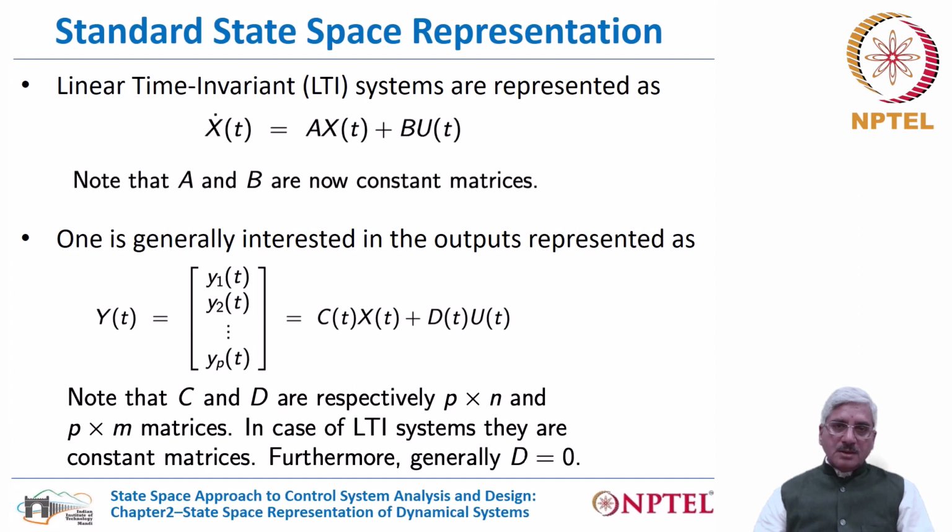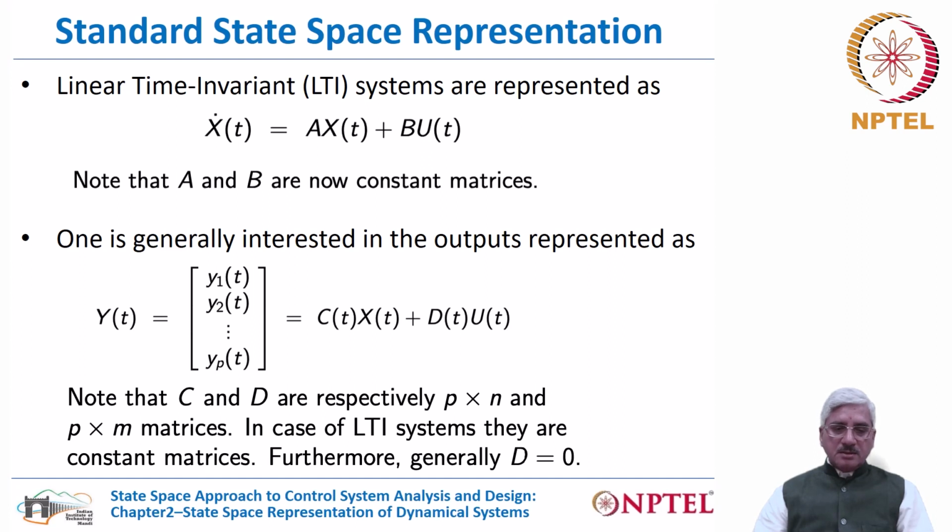Along with states and input, one is actually interested in the output also. So in the standard state space representation, the output y is a vector containing as its column all the outputs y1, y2, etc. We have assumed p outputs, so we have the last element as yp, and this is a column vector of length p.